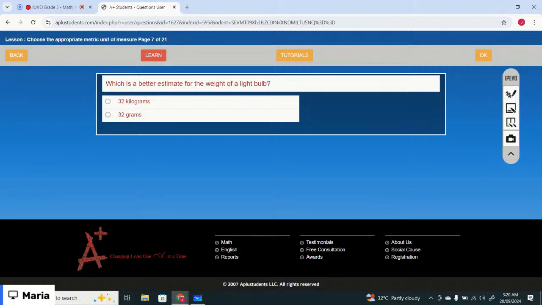So the weight of the light bulb would be 32 grams because that's a very small bulb and it must weigh 32 grams, right? The correct option is 32 grams.